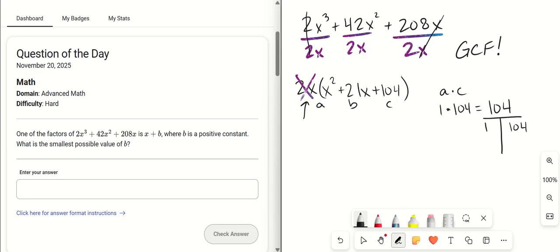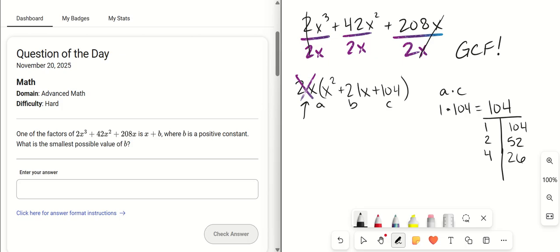Well, 104 is an even number, so it can be divided by 2, and that's going to give us 2 times 52. If you try to divide it by 3, you're not going to get a whole number. It can be divided by 4, and that would be 4 times 26. It can't be divided by 5 because it doesn't end in a 0 or a 5. It can't be divided by 6.